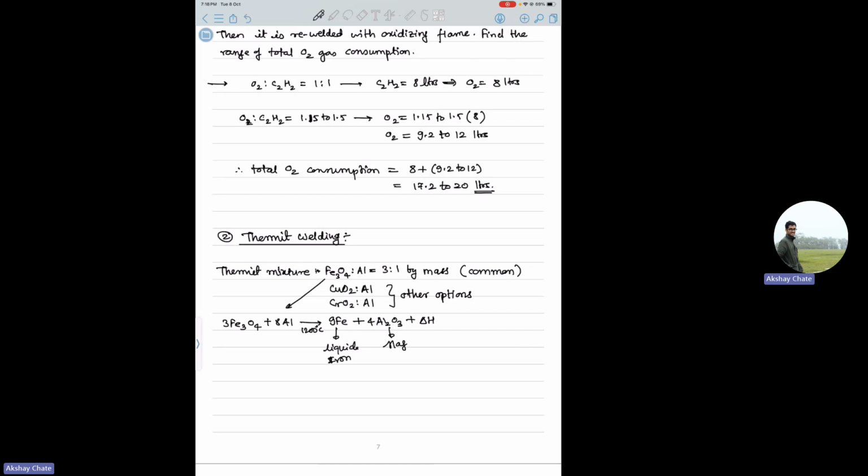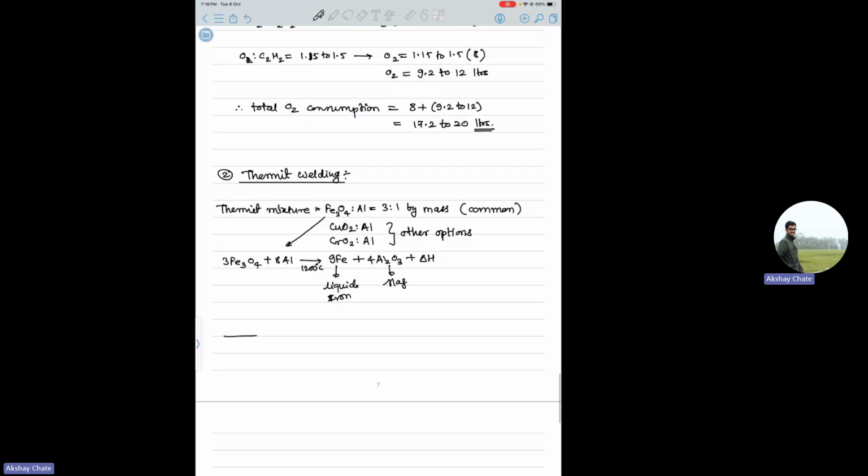What they typically do is, you have two plates or workpieces like this, and they will make some welded joints, etc., so that this thermit mixture will not fall down once you put it. They will do some nut bolt arrangements, and then you put this thermit mixture in some kind of crucible like this, and heat up to 1200 degrees Celsius.